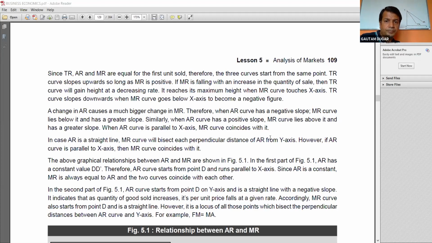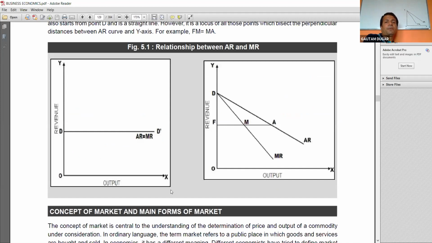Okay, thank you. So this was the relation between AR and MR. This is the diagram before you in the study material.